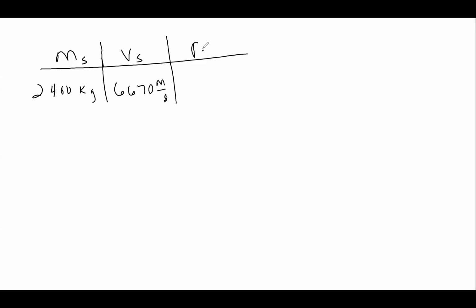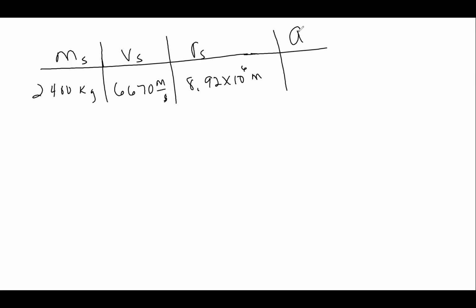The radius of my satellite is 8.92 times 10 to the 6 meters. And the question is, what is the acceleration? Okay, so first we know, based on the picture that we saw, the satellite is in a circle around this planet.